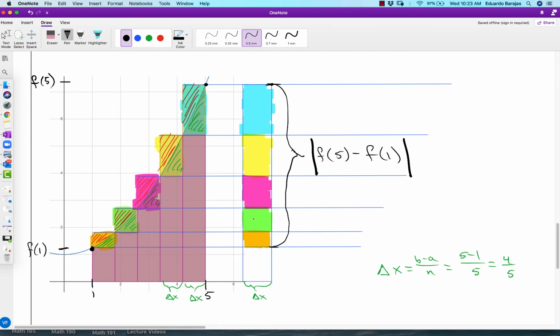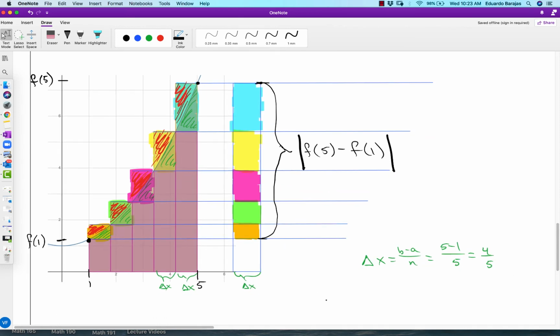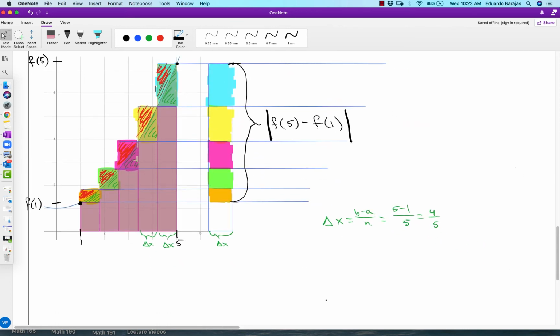Okay, so what we're saying, again, just to confirm, is that if we think about the areas in red here, this is the error, the sum of the red. So let me zoom out here a little bit. So under one estimate, the sum of the red is equal to the error under one type of estimate.